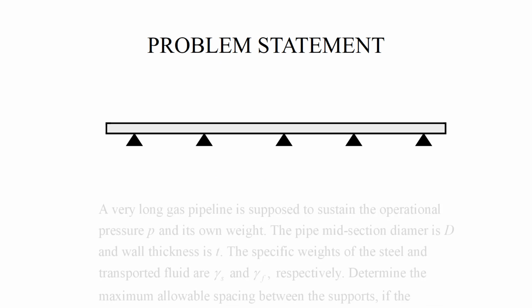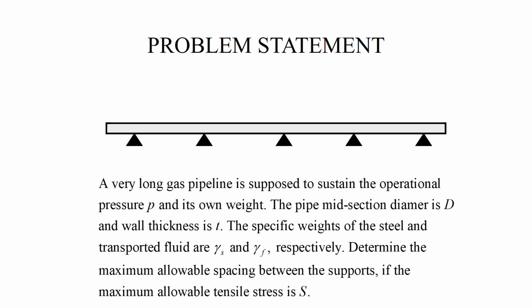So, we are given basic parameters of the pipeline: the wall thickness of the pipe, T, the midsection diameter, D, specific weights for the steel and the fluid, and the maximum allowable tensile stress in the pipe. Our task is to determine the maximum allowable spacing between the supports.